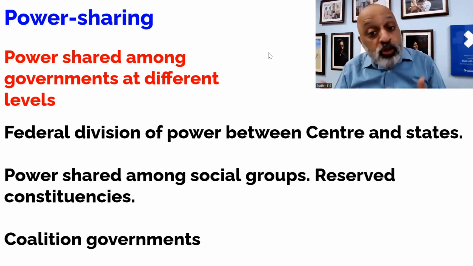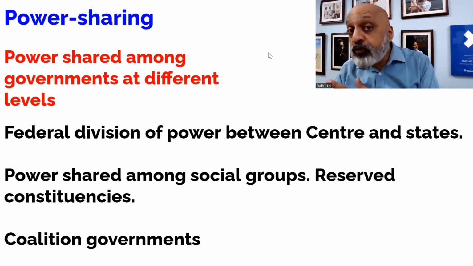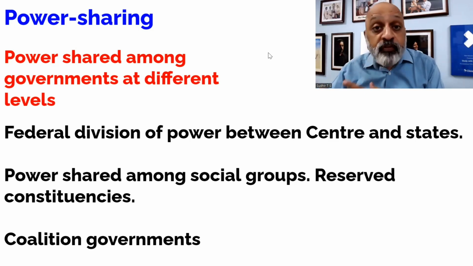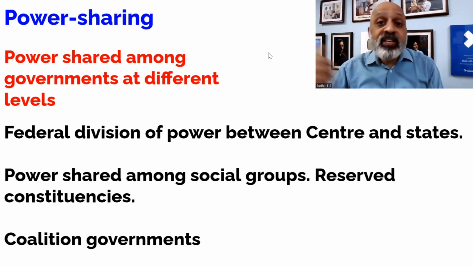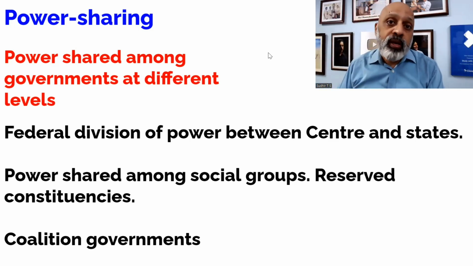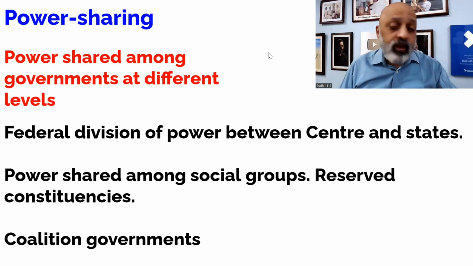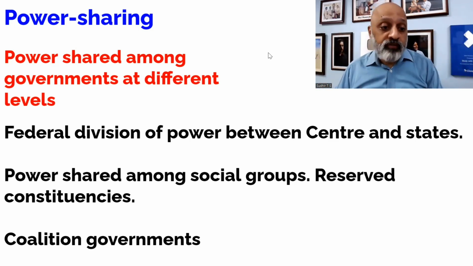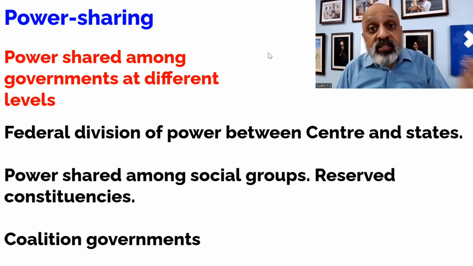The power is also shared among social groups and different forms of social groups: farmer groups, cultural organizations, people with disabilities. You need to listen to them and find out what it is that you need. Industry associations, student unions, you need to listen to everybody. Elections are there in reserved constituencies.